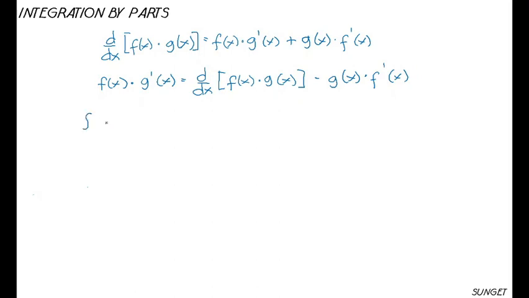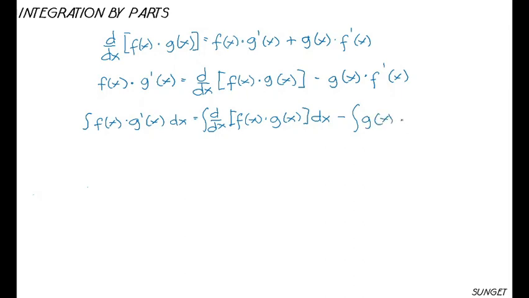we have integral of f of x times g prime of x dx equal to integral of derivative of f of x times g of x dx minus integral of g of x times f prime of x dx.